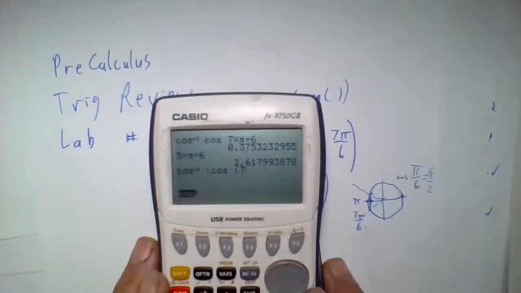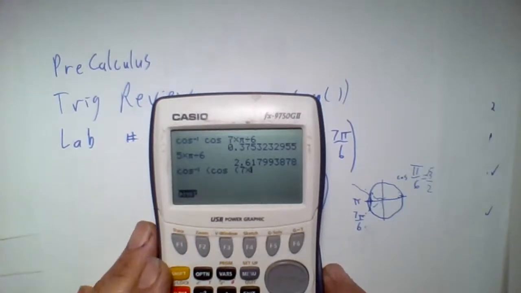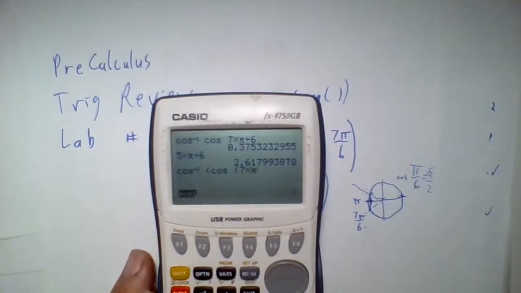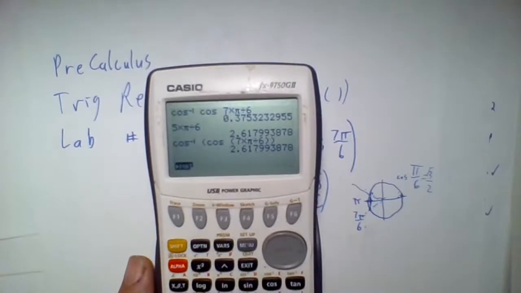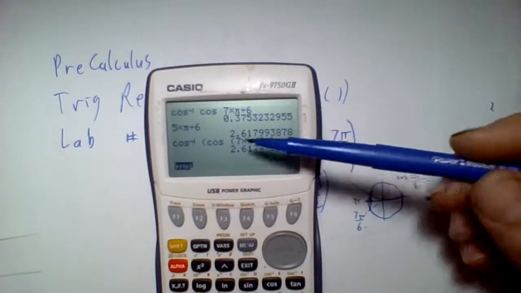But inverse cosine of 7 times pi divided by 6, all inside of there, is the same as what 5 times pi divided by 6 came out to. So that was right. The first time I entered it without parentheses, I messed up that order of operations.